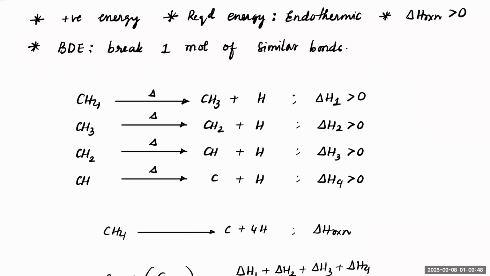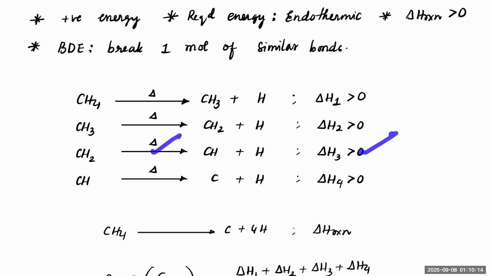For example, if I take CH4 and heat it, in a sense I'm providing energy here to break this CH4 into CH3 plus H. So energy is required here. Let's say the required energy is delta H1. Same way again, I'm breaking a carbon hydrogen bond, removing the second hydrogen. This much is the energy required.